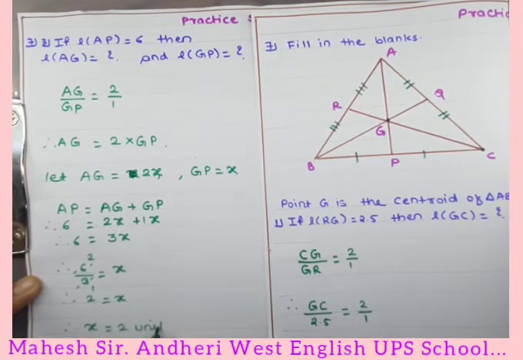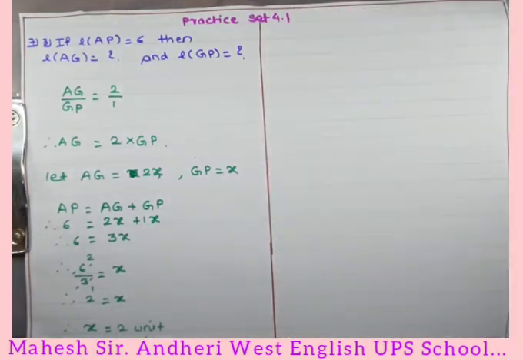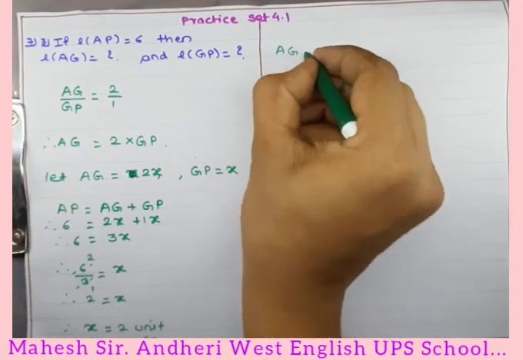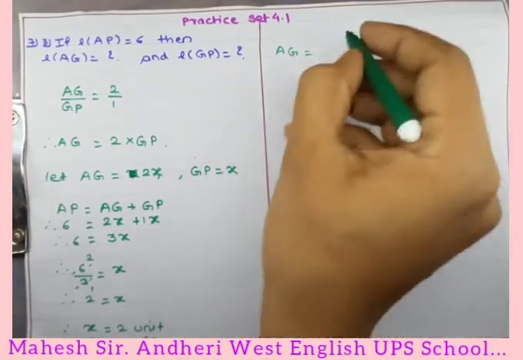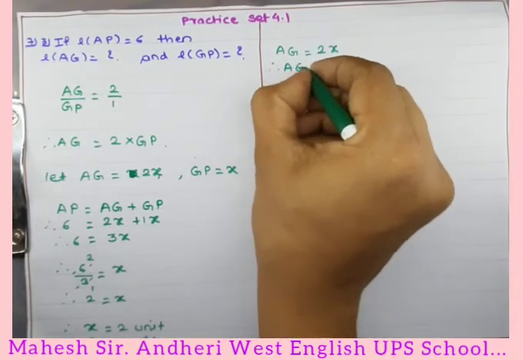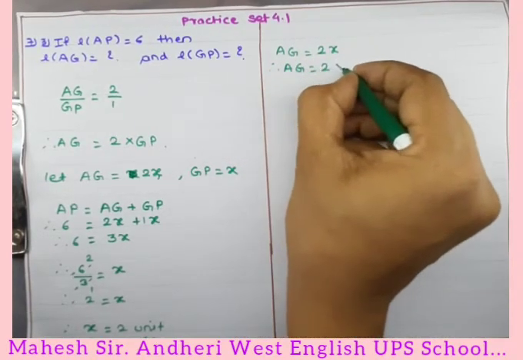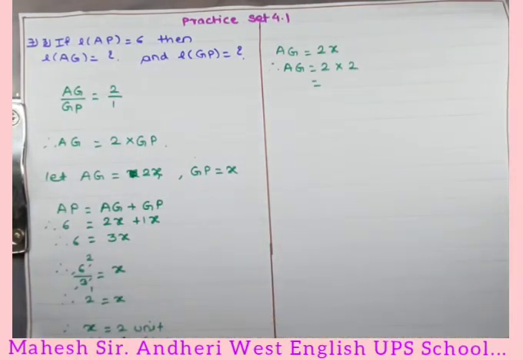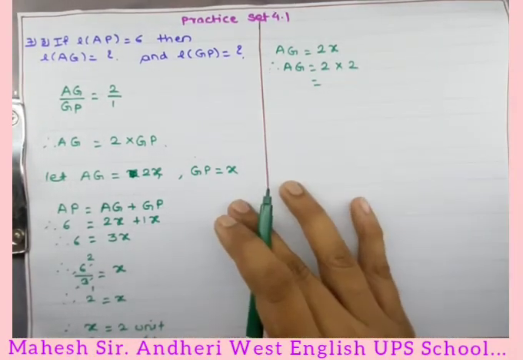And what is x? x is GP. Therefore GP is equal to 2 unit. Now we will calculate AG. AG is equal to 2x, therefore AG is equal to 2 multiplied by 2, since x is 2 unit.